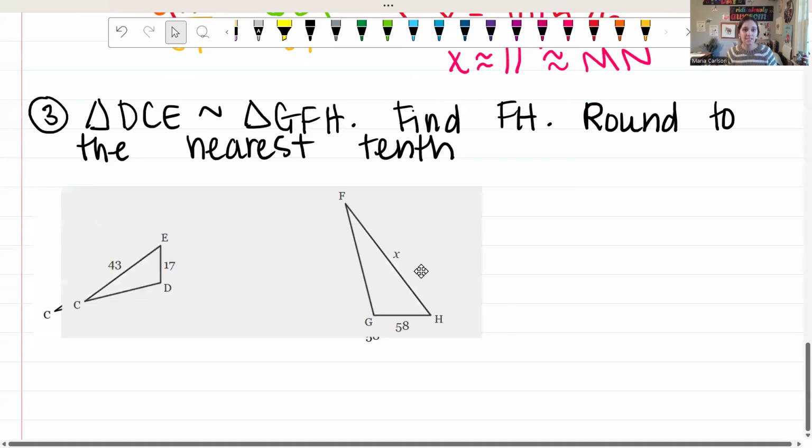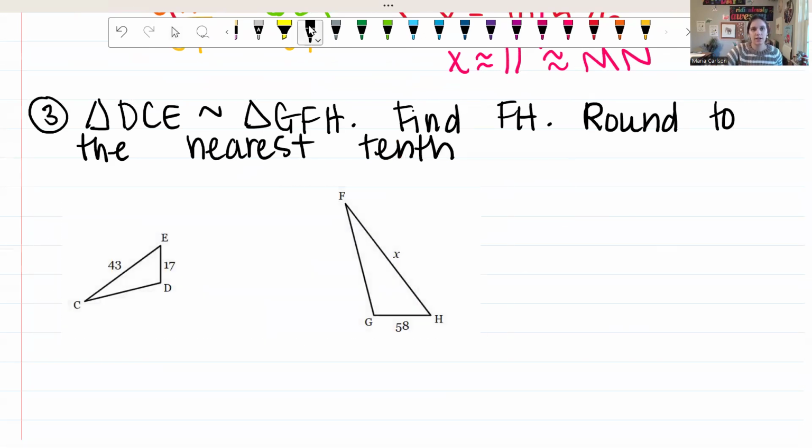And CDE, the triangle on the left, is similar to the one on the right. And notice that it looks like triangle CDE was kind of rotated and dilated a little bit. So let's figure out what corresponds with what. It looks like this long side CE would be corresponding to FH.